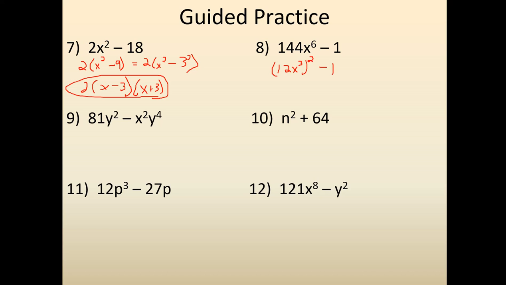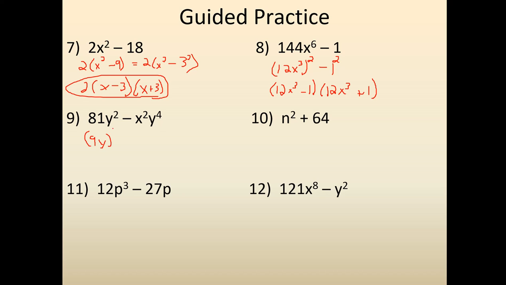And again, 1 can be written as 1 squared, so it's going to be (12x cubed minus 1)(12x cubed plus 1).